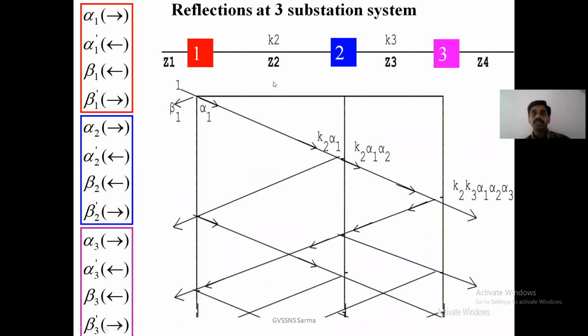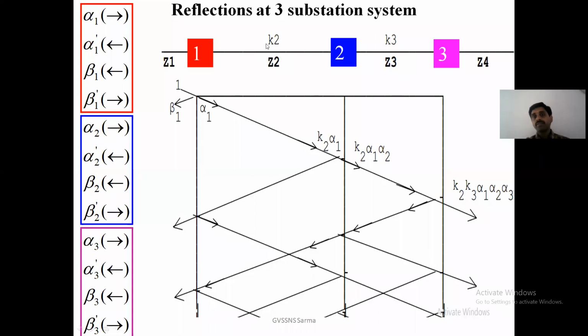You see the reflection at a substation, a subsystem. If you see here, the substation system has 3 junctions. The first line is Z1, the impedance. This line is Z2, Z3, Z4, like that different impedances are there.